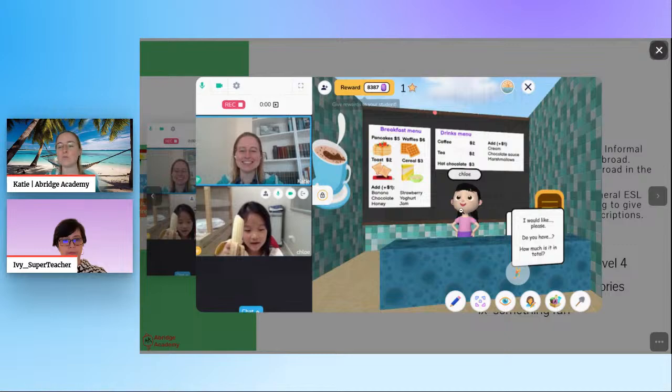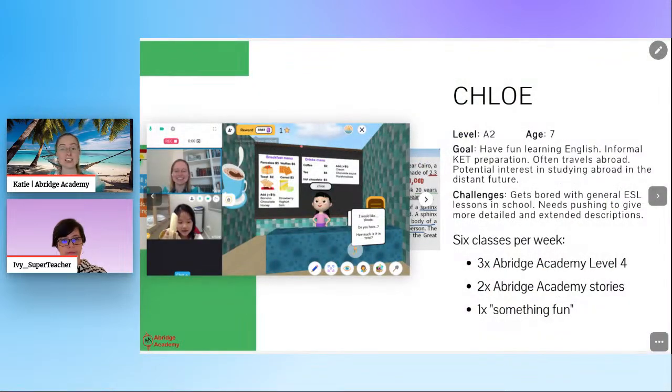And it links in well with what she does when she travels, because when she's traveling, she can then practice ordering food for her family in a restaurant, or actually it's a cafe, sorry. So those role plays, that combination of the stories and linking into what she's learning in the core lessons, but having a bit more fun around it has been a really big focus with her.